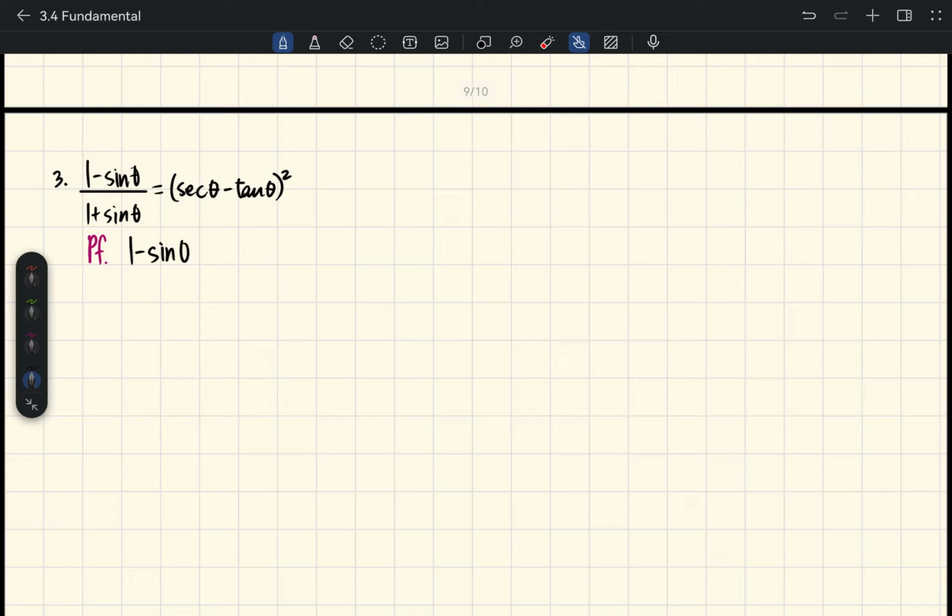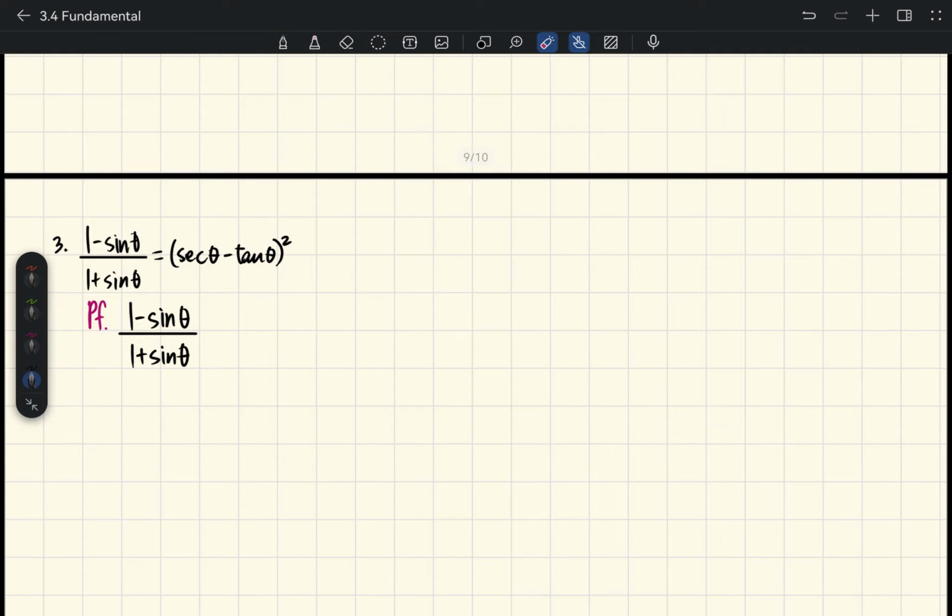So you have here 1 minus sine theta over 1 plus sine theta. As you can see, we have the same thing from number 2. In the denominator, you have two terms that is separated by a plus sign.